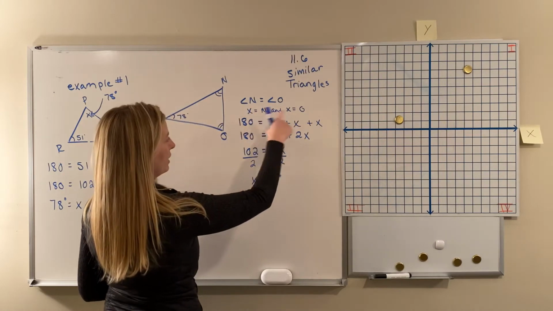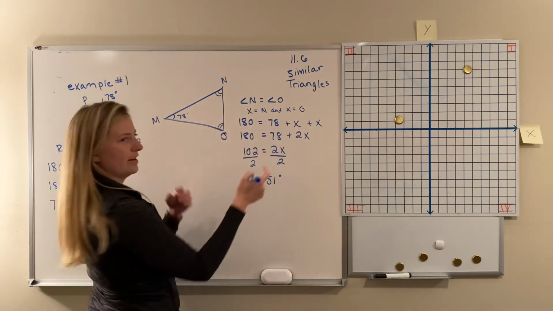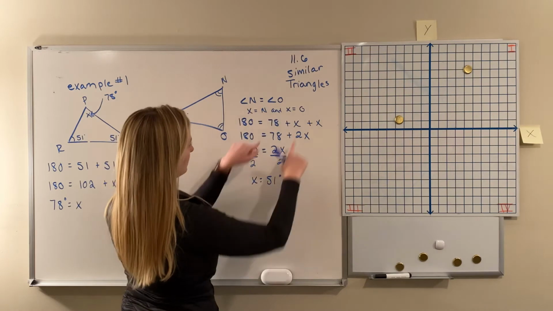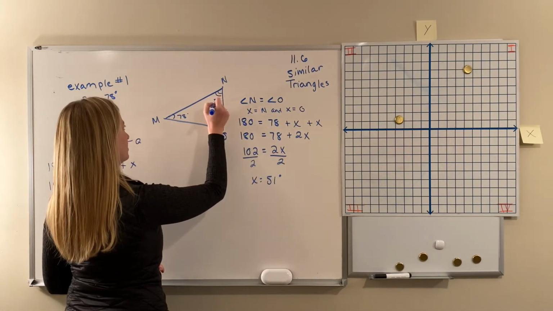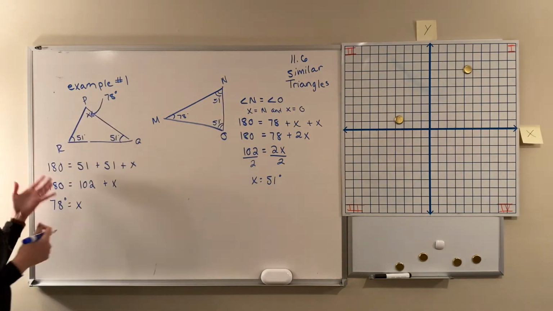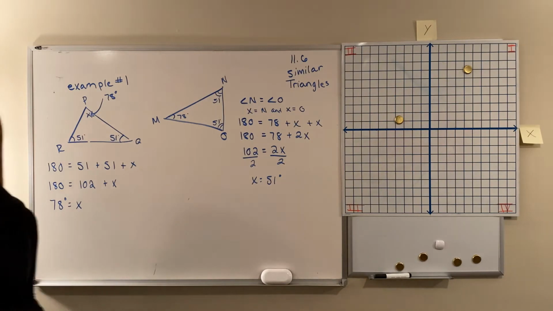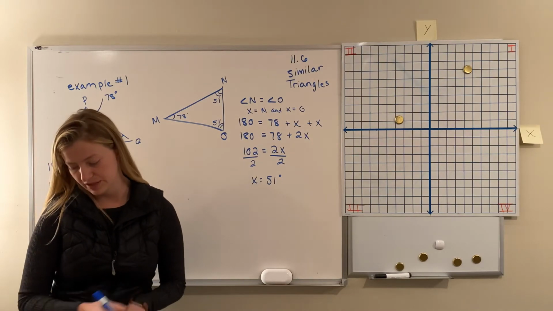Since x represented N and x represented O, we know both interior angles are 51. And now we've proven that these two triangles are similar because every single internal angle matches the corresponding piece in the other triangle. Alright, moving on to example 2.